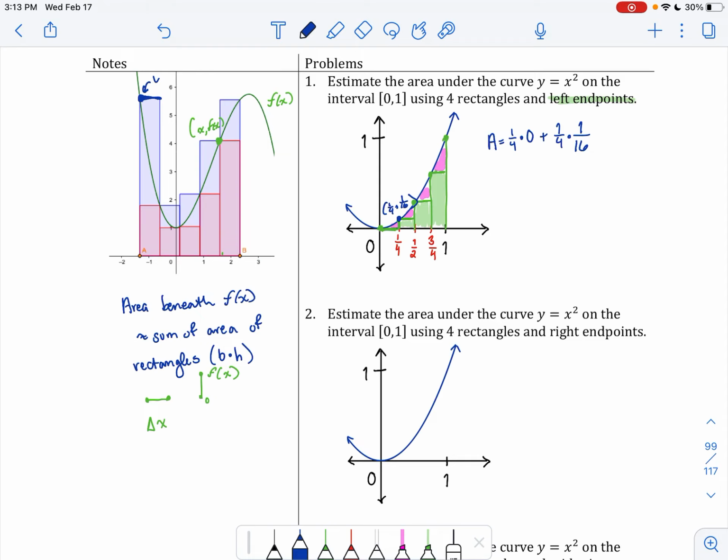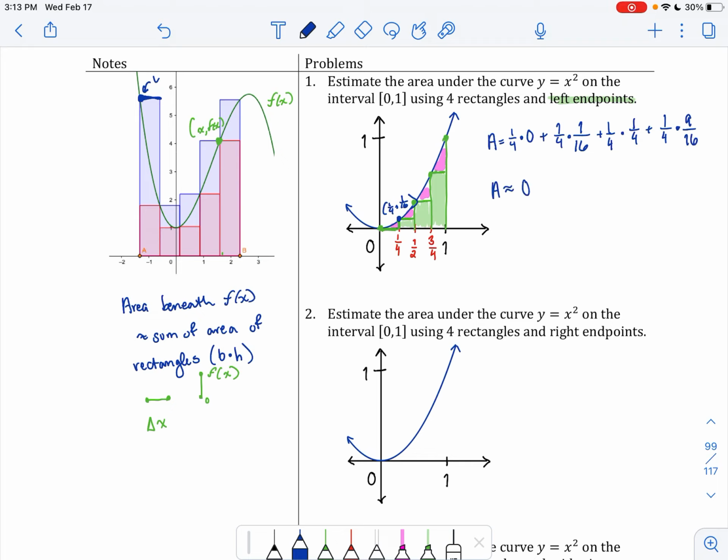So that is 1/16. That's the height. The next one, base is still 1/4. Its height is 1/2 squared, so that's 1/4. The final base, 1/4, times 3/4 squared, so that's 9/16.